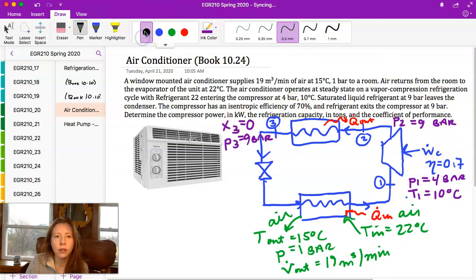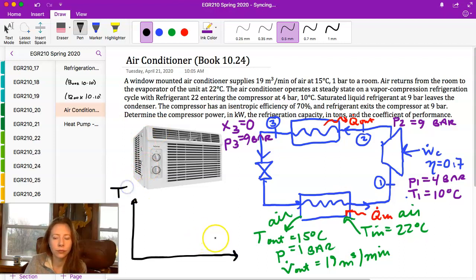So let's draw our T-s diagram. We're under the vapor dome, a lot of it.